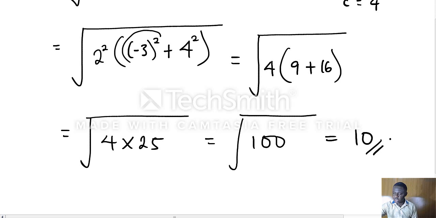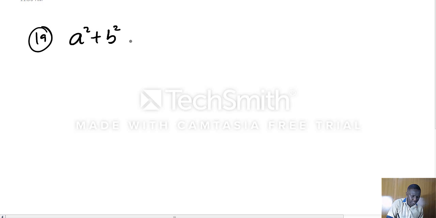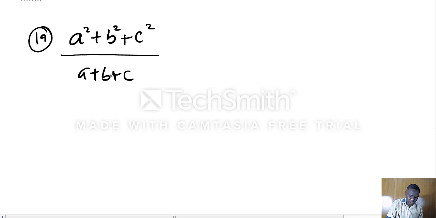Question 19. 19 says a squared plus b squared plus c squared, all divided by a plus b plus c, where a is 2, b is minus 3, c is 4. We'll do the same, substitute and simplify the numerator before dividing by the denominator.